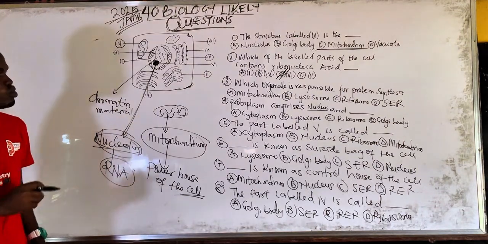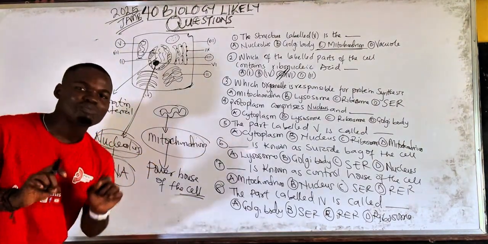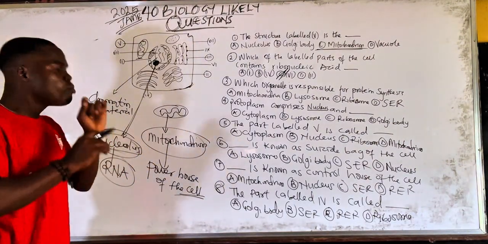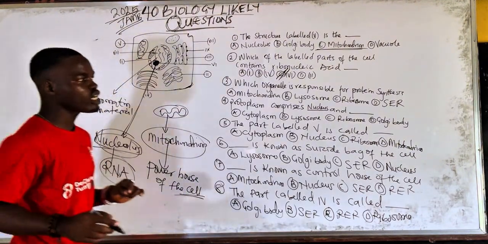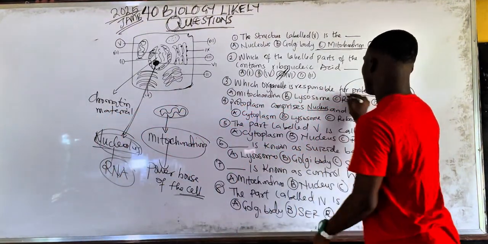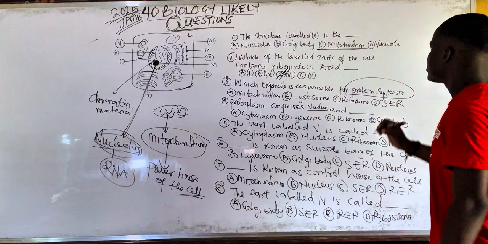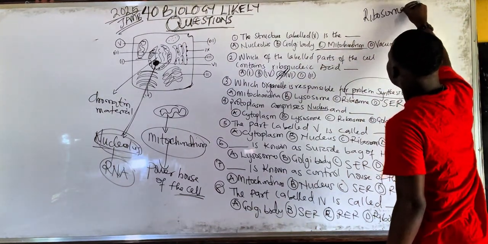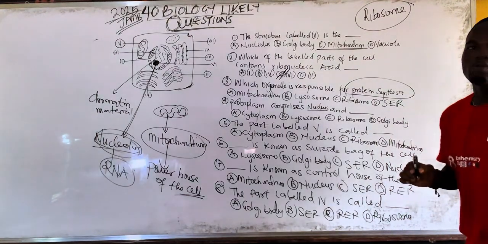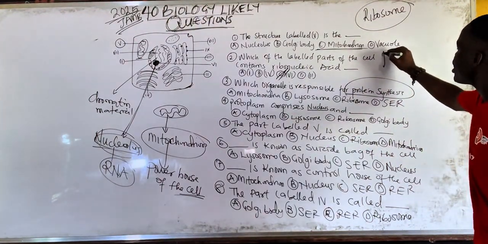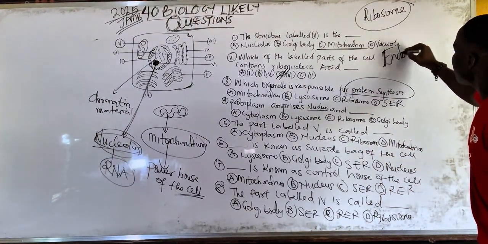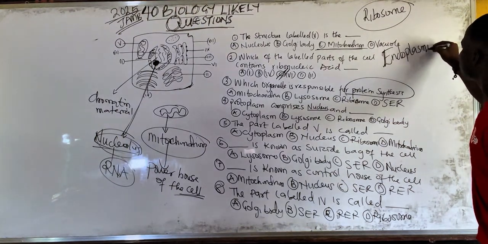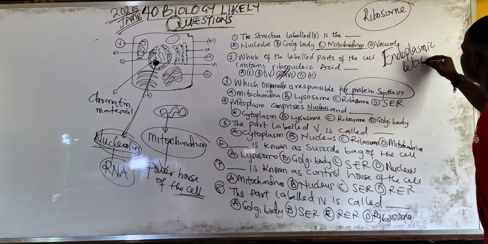So question 3. Which organelle is responsible for protein synthesis? Now, you want to take note of something, that when we talk about protein synthesis, the major organelle is ribosome. And don't also forget that we can have what we call the endoplasmic reticulum.